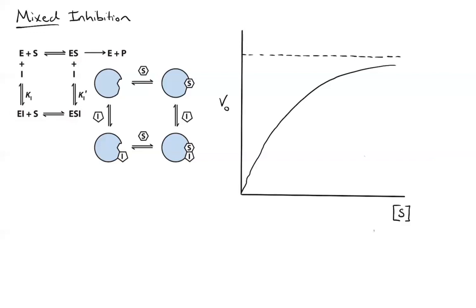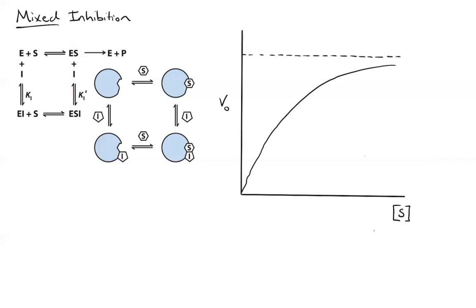So just like uncompetitive inhibition, this is going to interfere with the maximum speed that our enzyme can turn over products. Because no matter whether you have a ton of substrate or not very much at all, there's always a chance that an inhibitor can come in and bind and keep your enzyme from turning over products as long as it's bound, right? So that is going to affect our maximum velocity.